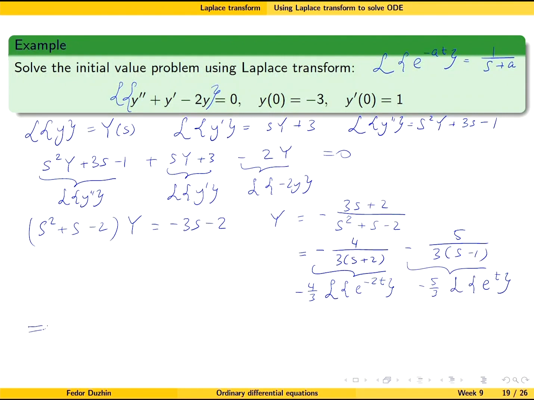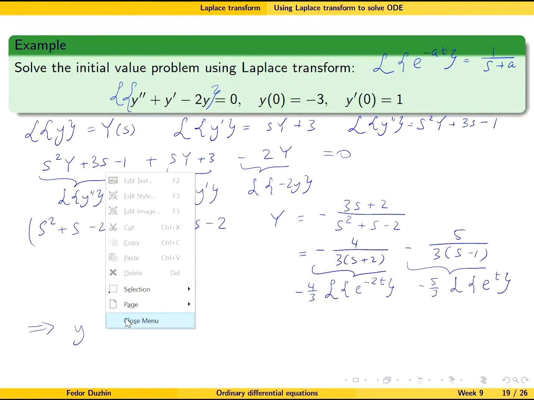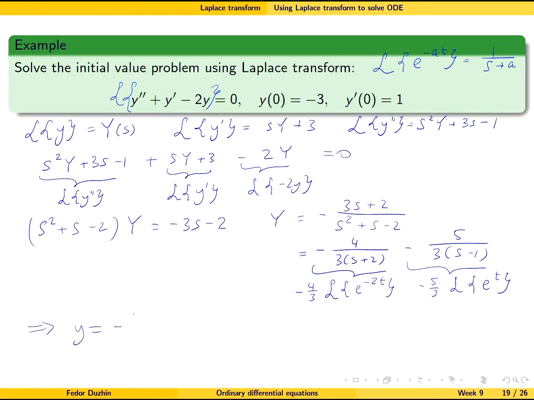Which means that the answer is minus 4/3 e to the minus 2t minus 5/3 e to the t.